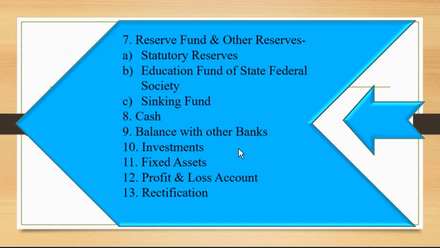Next is profit and loss account. Net profit is to be determined after deducting expenses as provided in rule 49. As per accounting standards, the mercantile system of accounting is to be followed, but the Act is silent on this aspect.